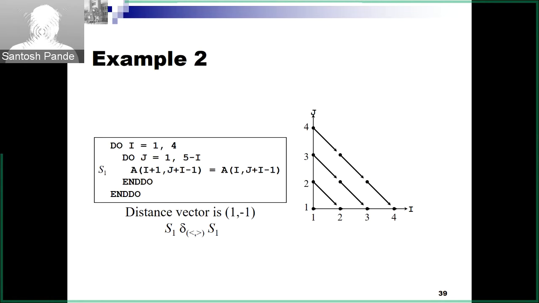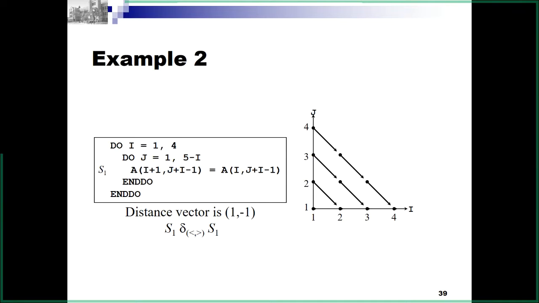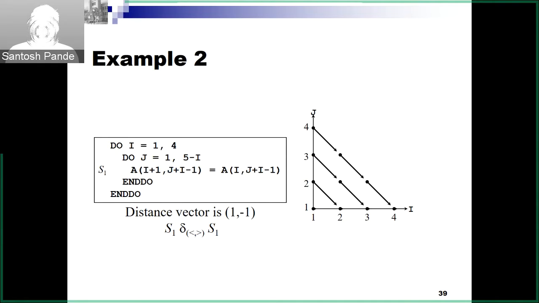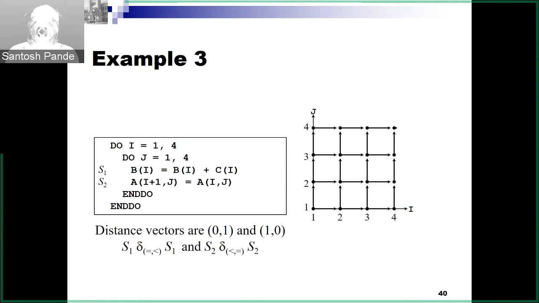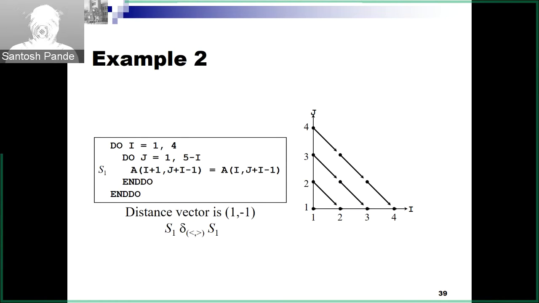So now if you interchange this, then you can see that the greater than will become the outer loop and less than will become the inner loop. And that will be in violation of the dependence because it will not be enforced by the outer loop. So that is why there are certain vectors where the interchange will not be legal, and this is one of those, which is less than greater than.